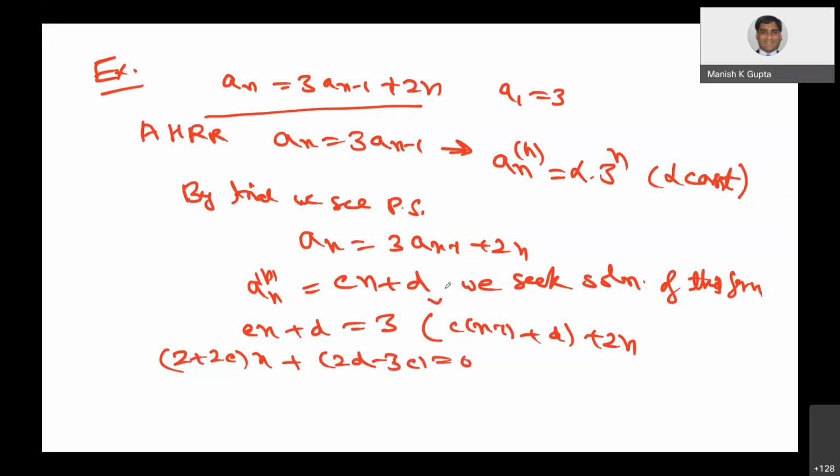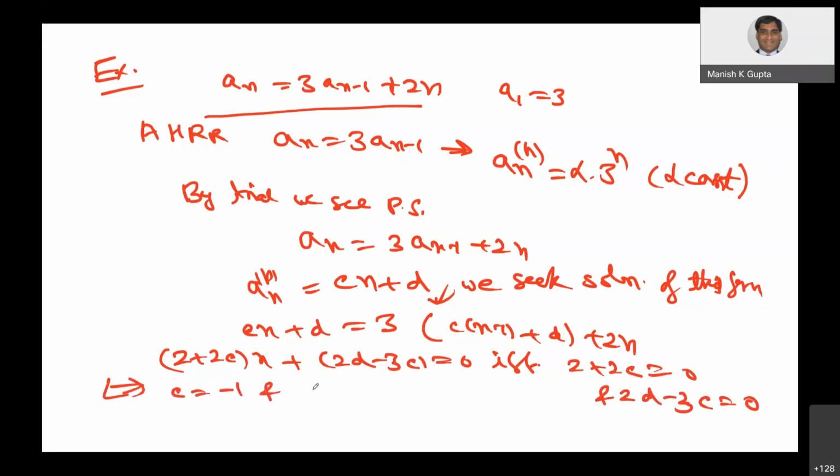So this is a solution if and only if 2 plus 2C is equal to 0 and 2D minus 3C is equal to 0. This is true if and only if C is equal to minus 1 and D is equal to minus 3/2. Therefore, a particular solution turns out to be minus n minus 3/2.